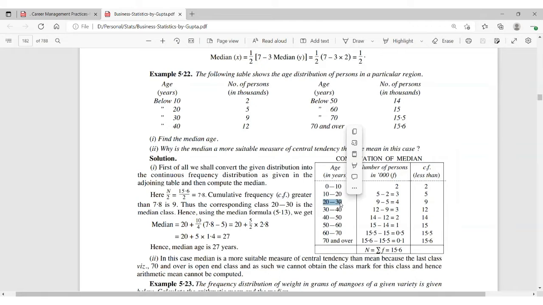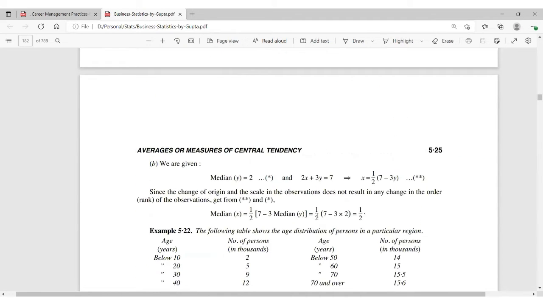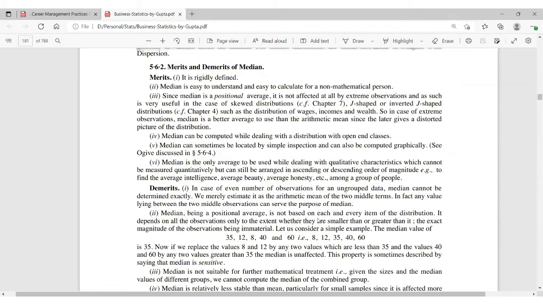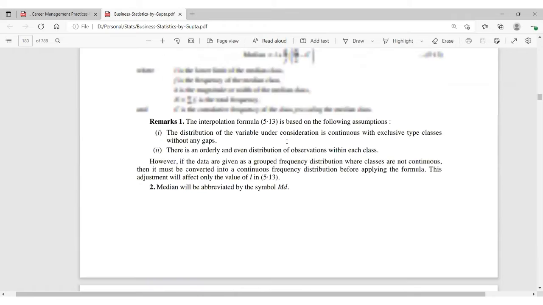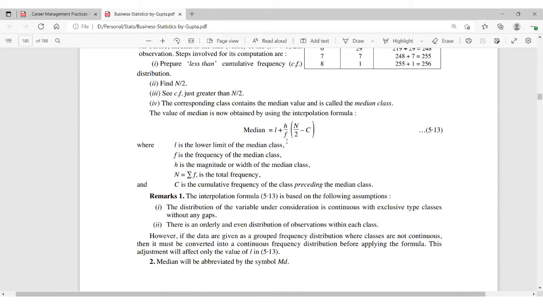Now, the formula I told you. In this, the class size is h, which is 10. This is the formula. What did I tell you earlier? First, m is equal to n plus 1 by 2, and median is equal to l plus h by f into n by 2 minus c. See, in this h is class size, right? f is the frequency of the median class.